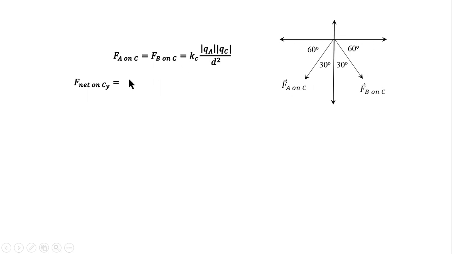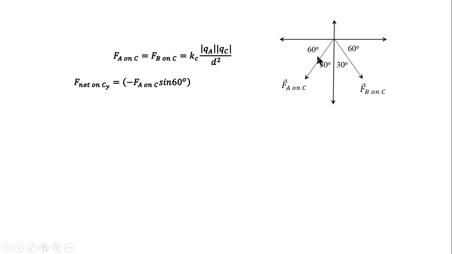So the only net force you're going to have is in the Y direction because basically A is pulling it to the left, B is pulling it to the right. They're going to be the same in that component, but in Y, they're both pulling it down. So there's going to be a net force there. So if I want the Y component of this force, then it's going to be using sine of 60.